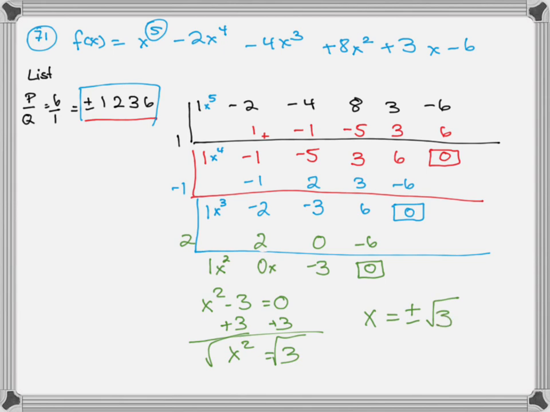That is a great problem. So the zeros, we found all 5 of them: 1, -1, 2, negative square root of 3, and the positive square root of 3. And that wasn't all that bad.